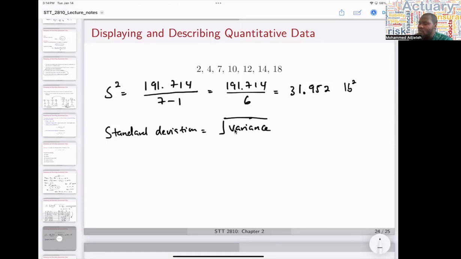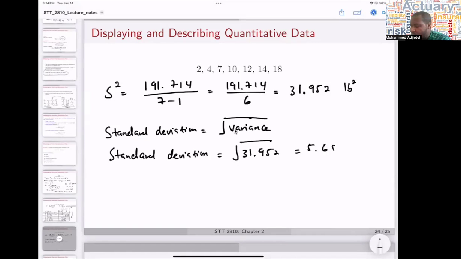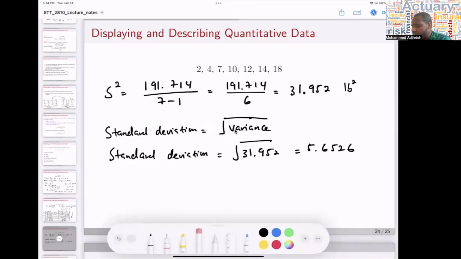We just need to find the square root of the variance. So the standard deviation is equal to the square root of 31.952, which gives us 5.6526. That is how to compute that.